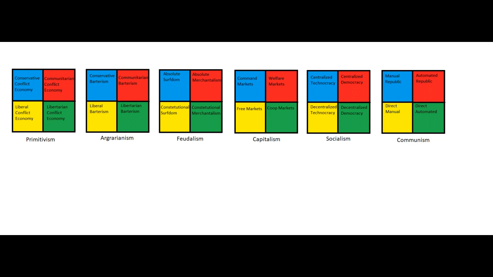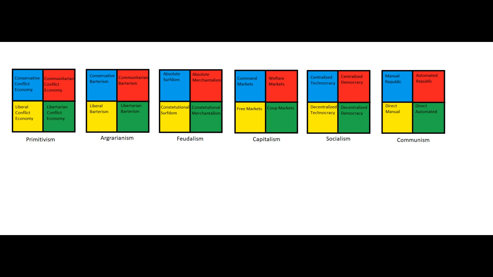That's really the biggest difference: there's no safety net for people who are losing control. But unlike under mercantilism, the majority of people are no longer slaves. We then have, on the right, welfare and co-op markets. That means there is now a safety net for people who are struggling.